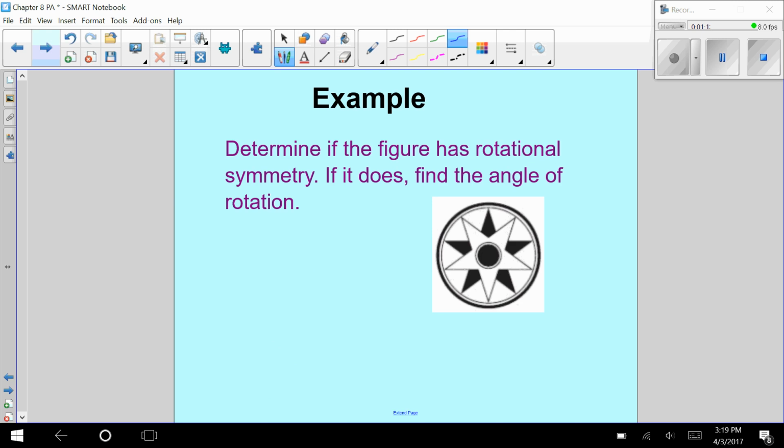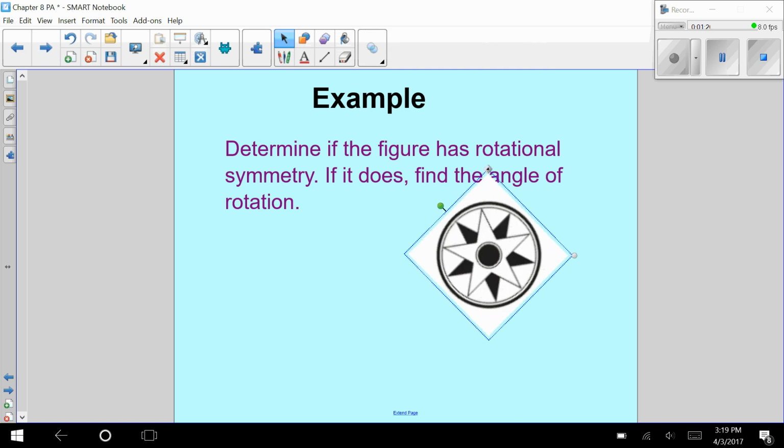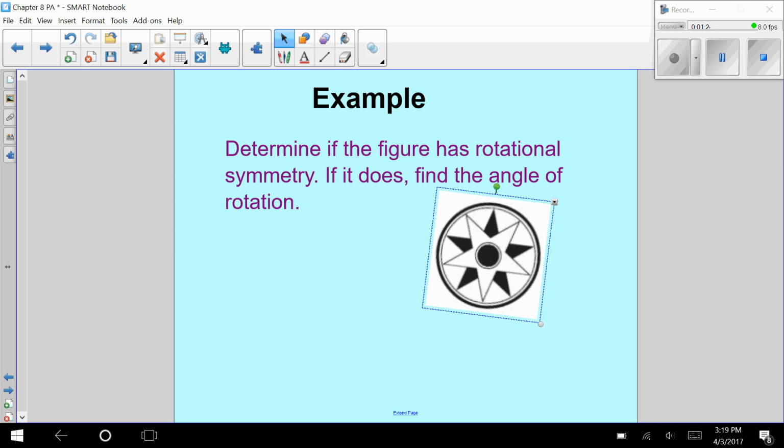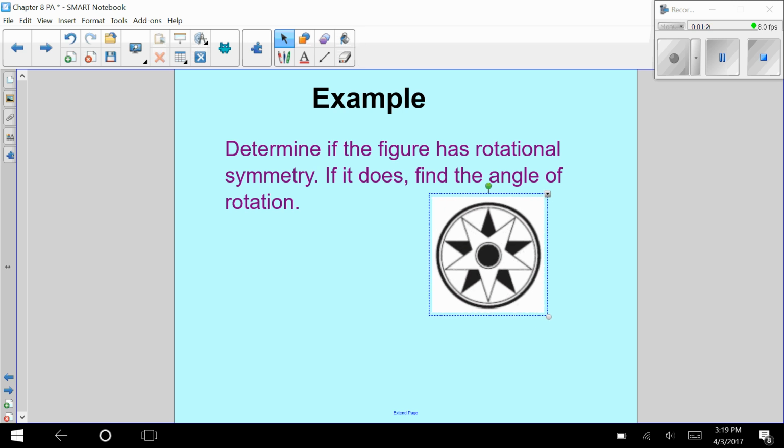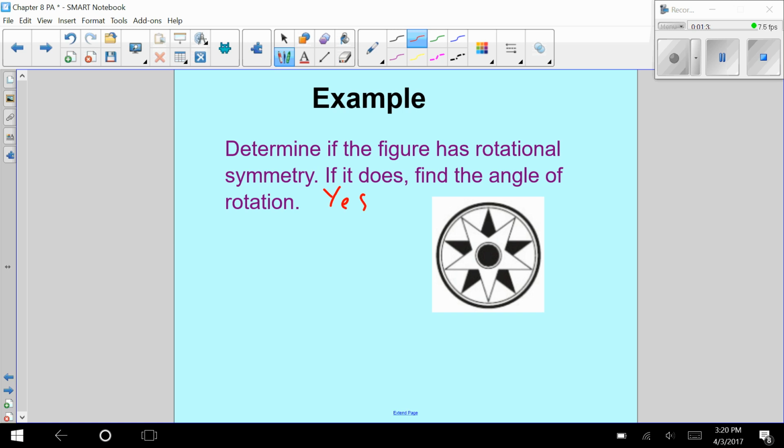Try this one on your own. All right, the first question is if I take this and I turn it, will it land exactly on itself? The answer is yes, it does have rotational symmetry. The second question is what is the angle of rotation? Well, let's take this point.